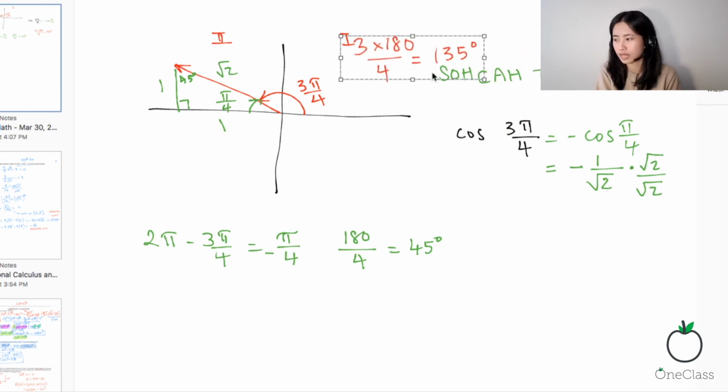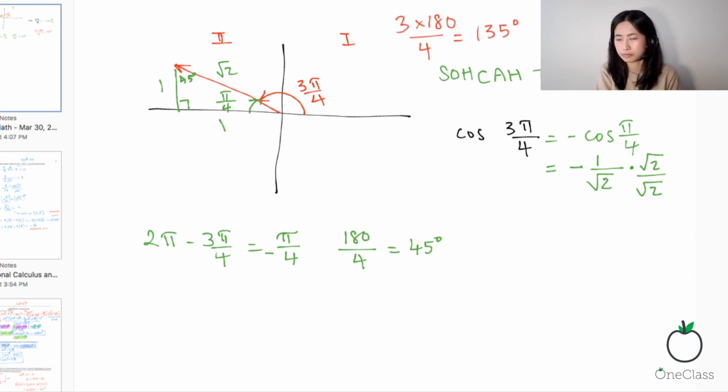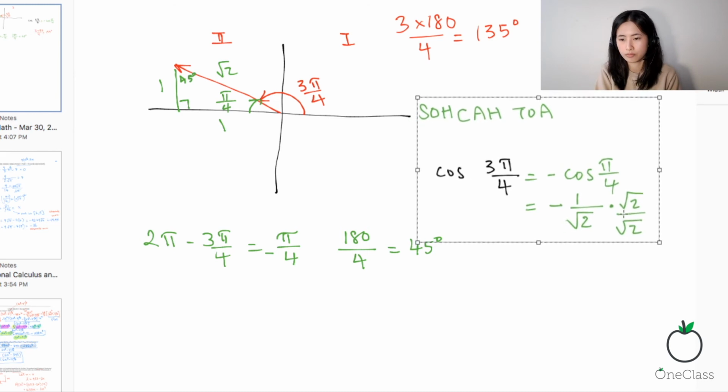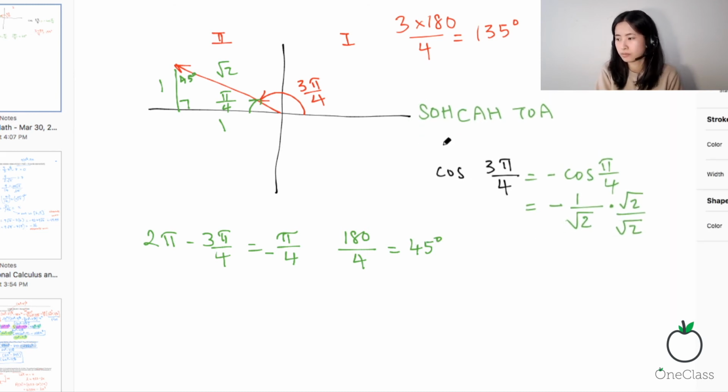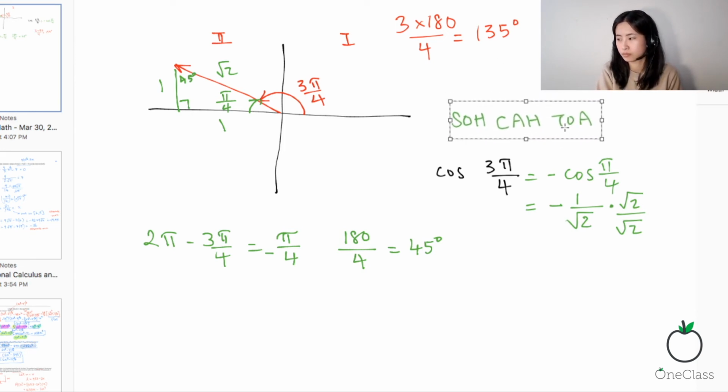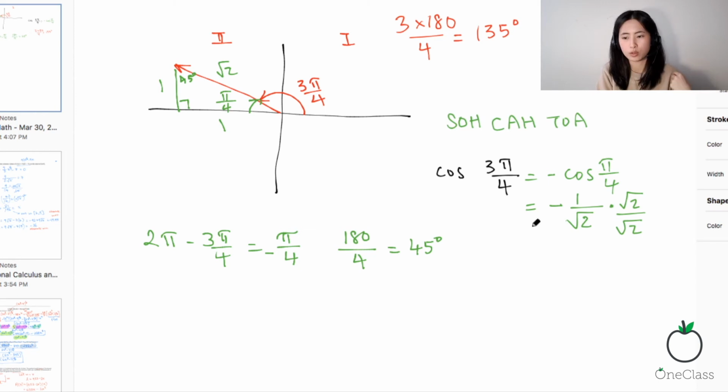So once we have that, we're going to get negative 1 times square root of 2, that would be negative square root of 2, and as a result, your denominator, that gets rid of your radical, right?